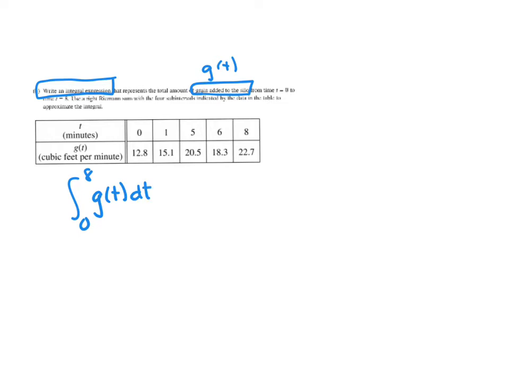Now they want you to use a right Riemann sum with 4 subintervals to approximate the integral. So again, it's not the actual area under the curve, not the actual answer, it's an approximation. The x values are your base and the y values are your height. So I'm just thinking a right-handed rectangle, up on the right. The base is from 0 to 1, so that's a base of 1, and the height on the right is 15.1.